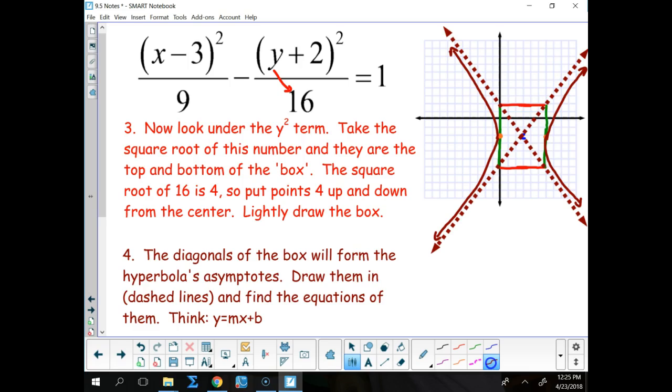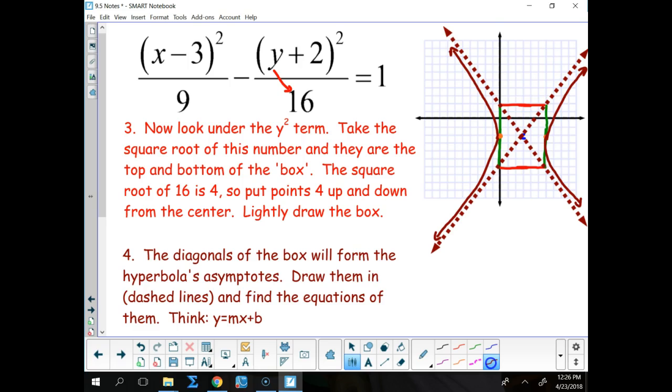And now I save the worst for last, which is actually in step number 4. We have to come up with the equations of those asymptotes. Now, here's the nice thing.